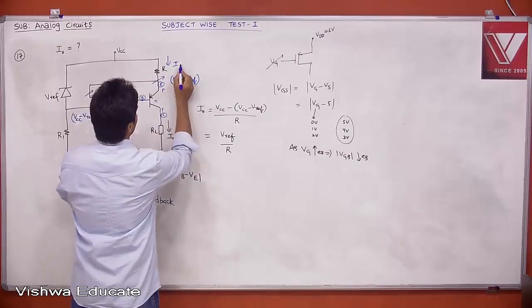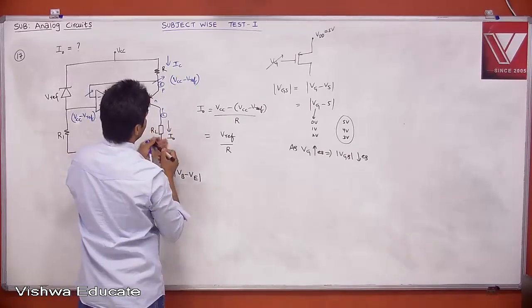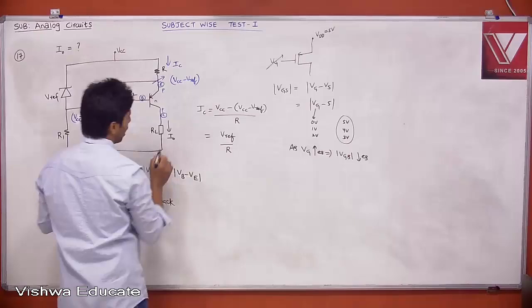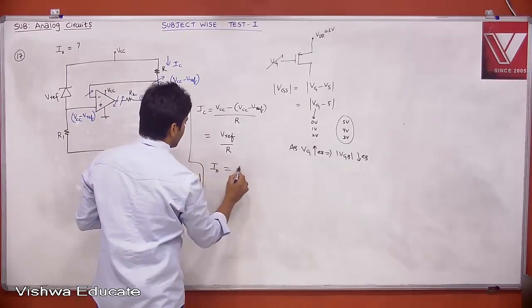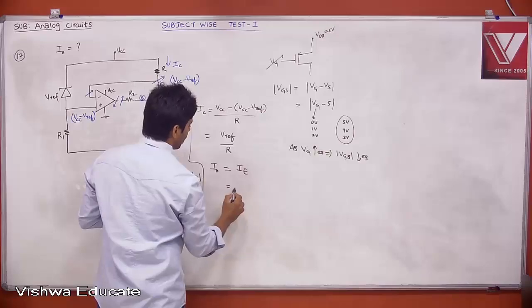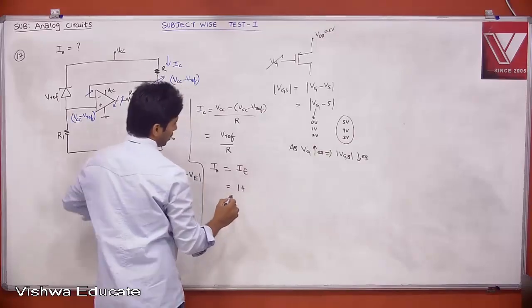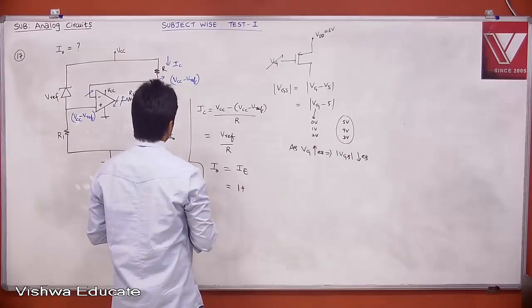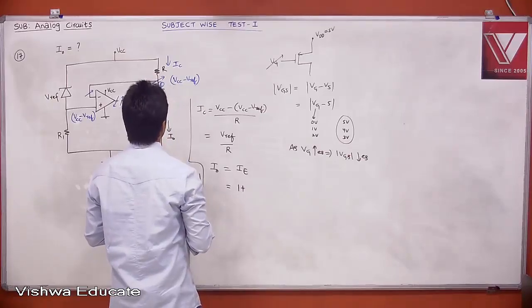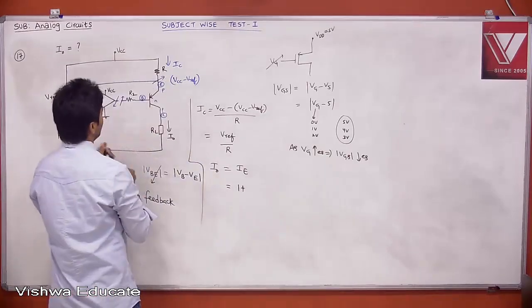This is your IC, collector current. Then what is your I naught? Sorry, this is the emitter current.